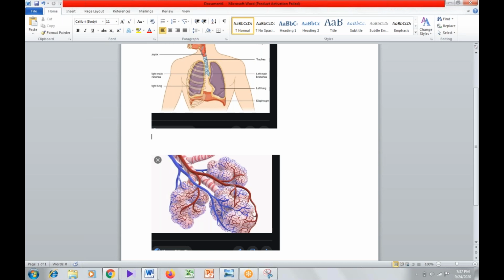We need oxygen. Oxygen comes inside into the lungs, and then the oxygen diffuses into the alveoli. From the alveoli it enters the artery, and then from the artery it reaches the muscle side, the body side. There it combines with the glucose, and carbon dioxide and energy are produced.